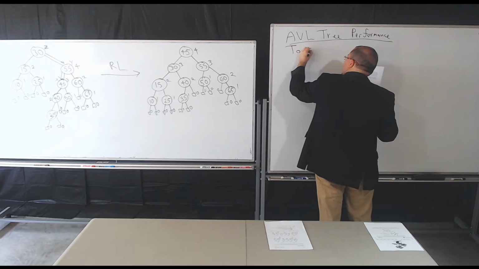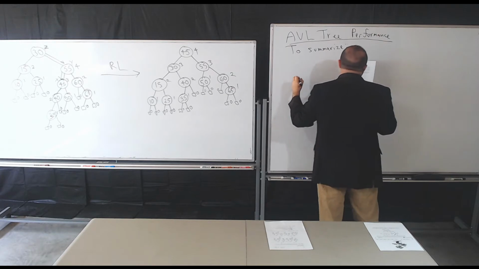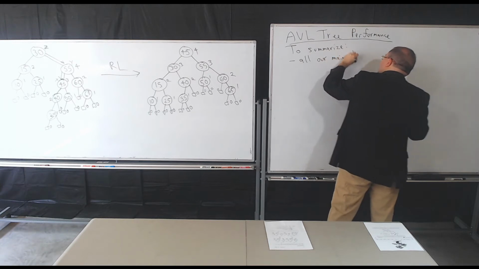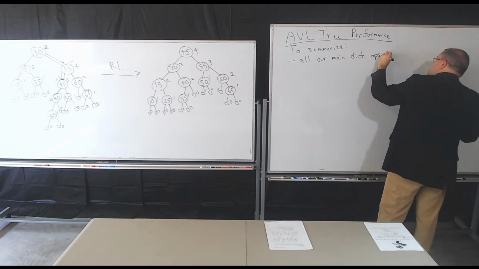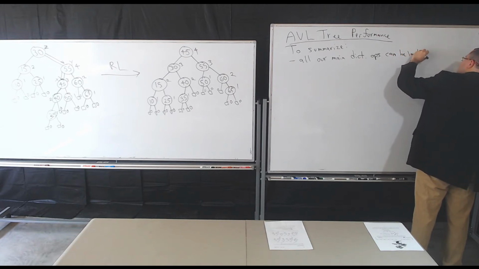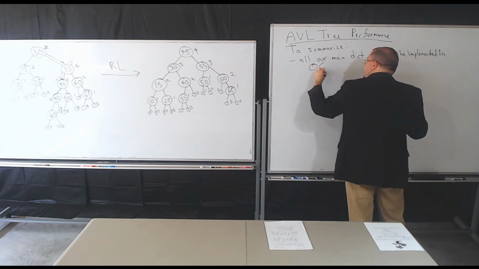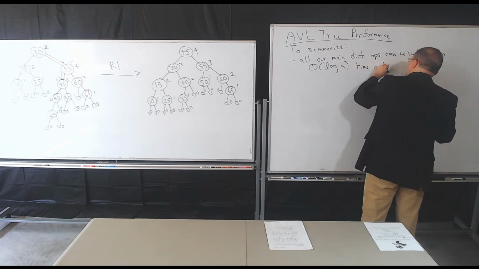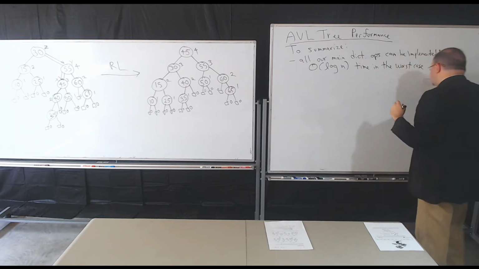So to summarize, all our main dictionary operations can be implemented in big O of log n time in the worst case. In the worst case, using an AVL tree.